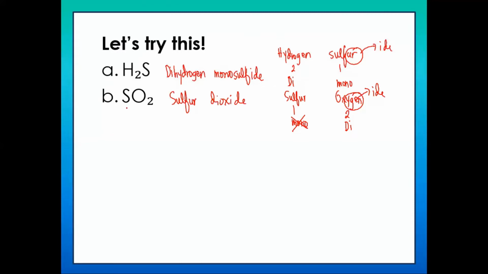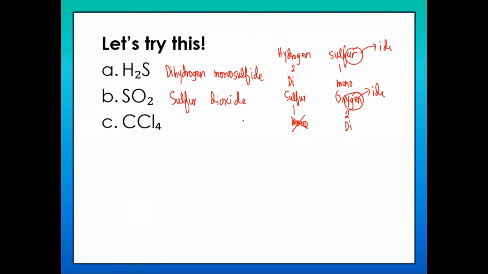The word mono, no need to add that when you name the covalent compound. So, it's not monosulfur dioxide. It should be sulfur dioxide. The prefix mono, you will add that if that is on the second element, the other non-metal element of your covalent compound. So, hope you follow that.